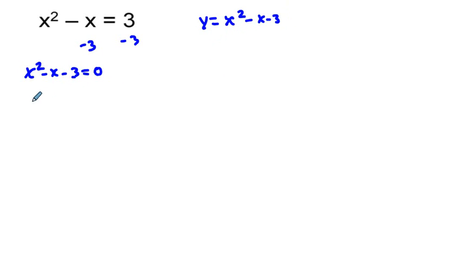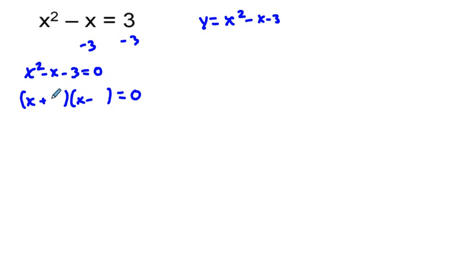The next thing you're going to try to do, and this is what setting 0 helps you do, is solve by factoring. If we can find two linear factors of x squared minus x minus 3, we're going to be able to solve quite easily. You're looking for two numbers which when added together are -1, but multiplied together are -3.